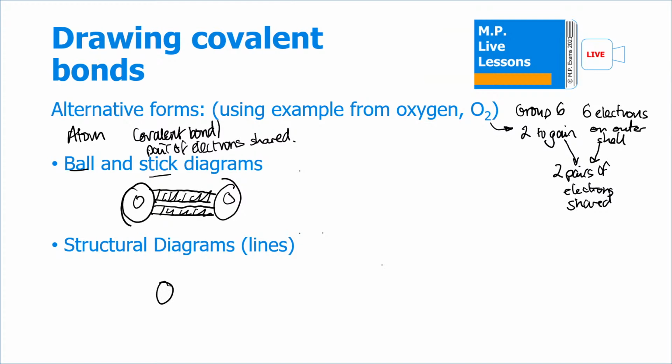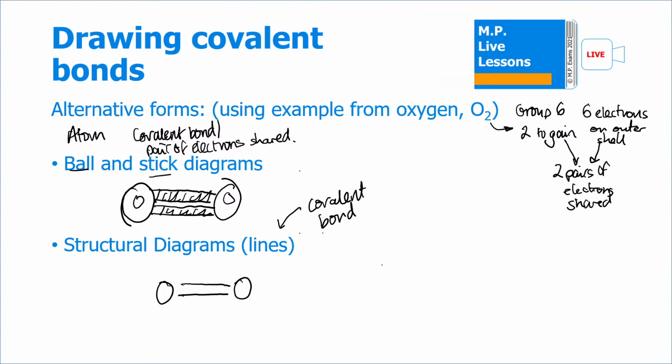So we have O, then O as well, so 2 oxygen atoms, and we simply draw the bonds as lines, like this. So we'll draw a line from one atom to another and another. So this is actually a double bond, as we've said.